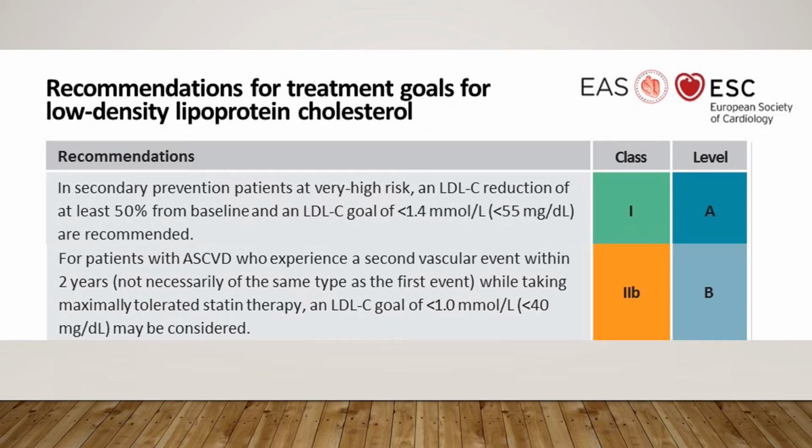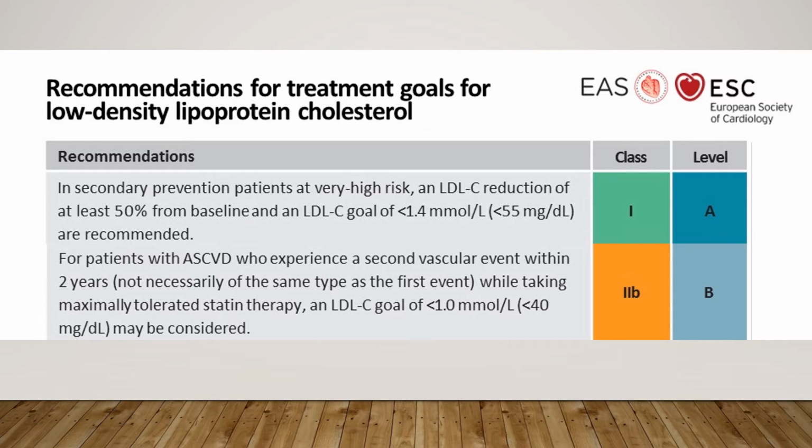And this is the recommendation for the treatment goal in LDL cholesterol. In secondary prevention, for a patient at very high risk, LDL, as we have said, at least 50% reduction, or a goal less than 55 milligram per deciliter. For patients with atherosclerotic cardiovascular disease who experience a second vascular event within 2 years, not necessarily the same type as the first event, while taking the maximum tolerated statin dose, you could decrease their LDL cholesterol to less than 40 milligram per deciliter.